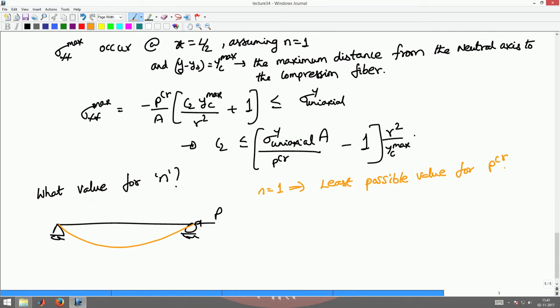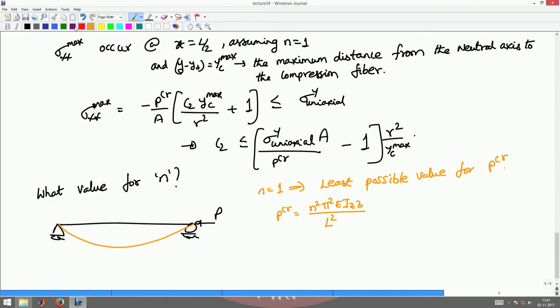If you recollect, we found PCR to be n square pi square E times Izz divided by L square. So, this will be least when n equal to 1, which means the body will fail when n is equal to 1, when this critical load is occurring.